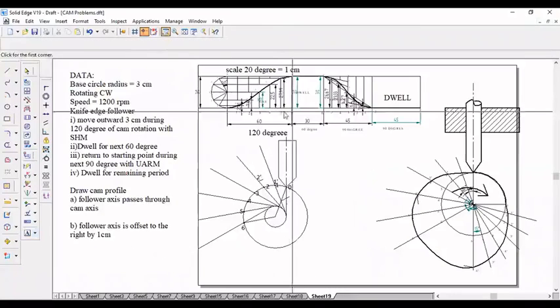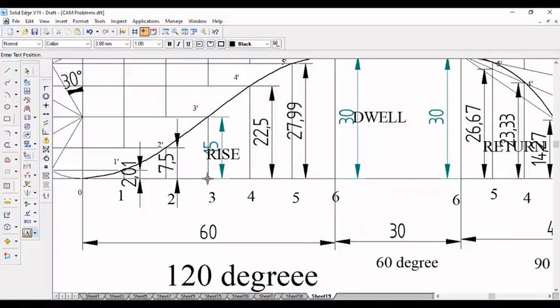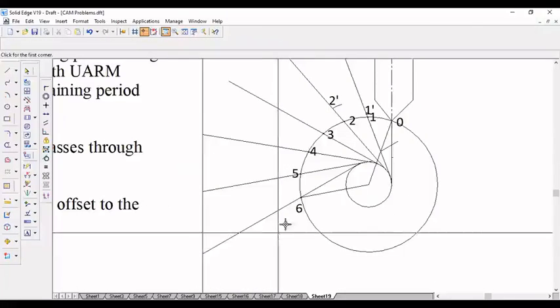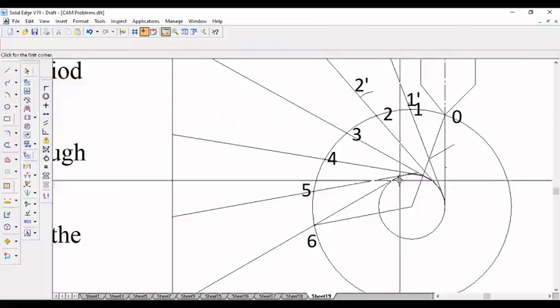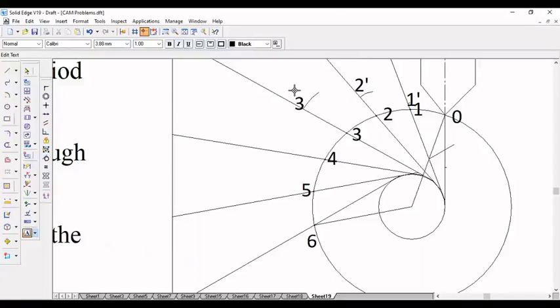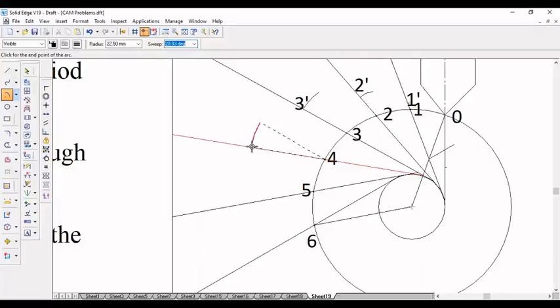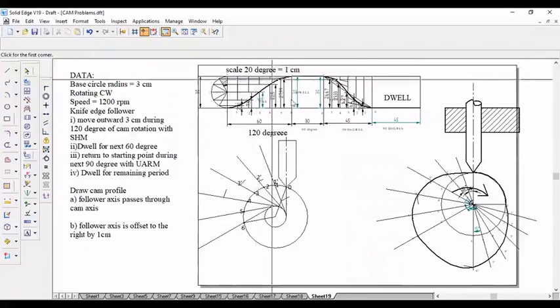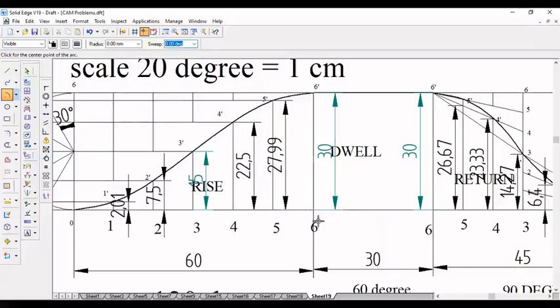Similarly 3 to 3 dash, 4 to 4 dash and 5 to 5 dash. 3 to 3 dash is 50, 4 to 4 dash is 22.5. Similarly 5 to 5 dash is 27.99, 6 to 6 dash is 30.